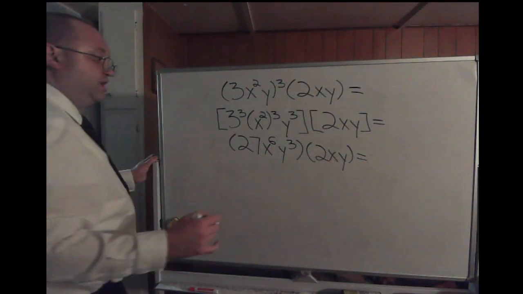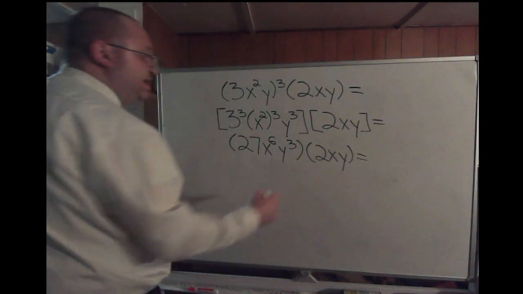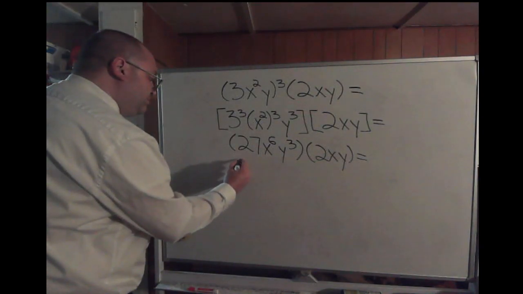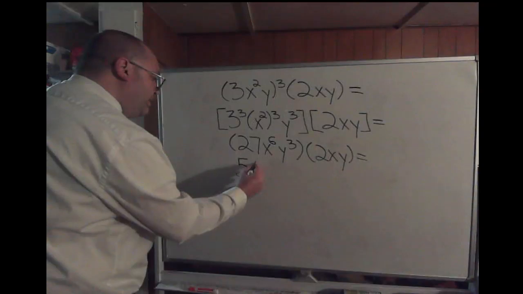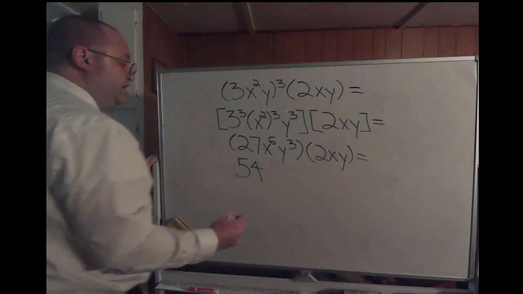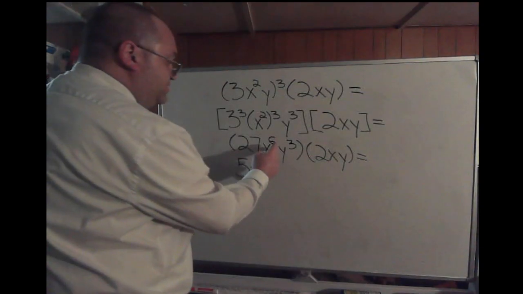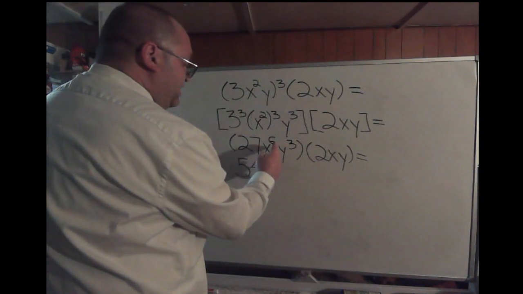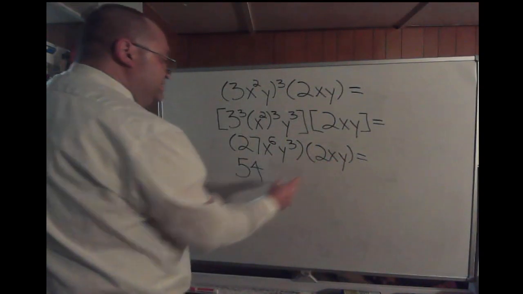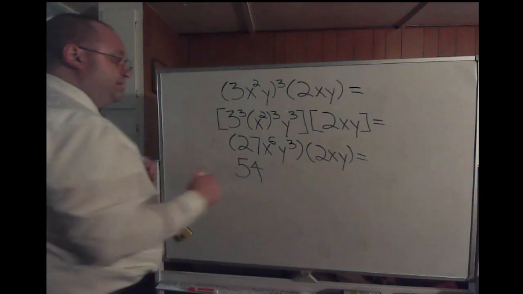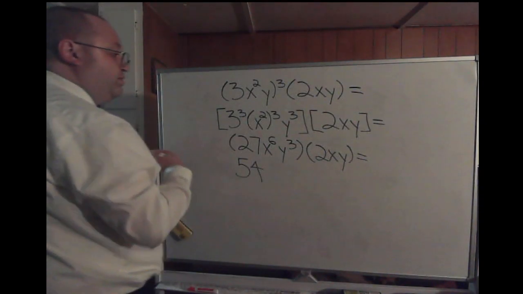Now when you multiply, of course, you'll take your 27 times 2. You multiply the constants normally, you would get 54. And then whenever you multiply variables of the same base, you just add the sum of their powers.